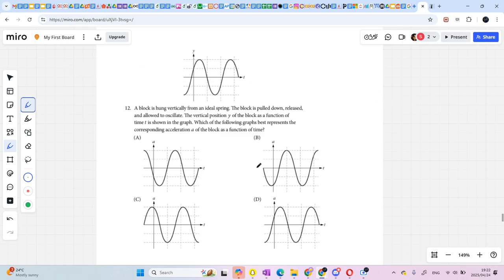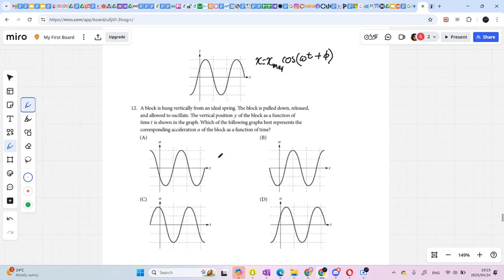So on the reference table, we have this equation of x equals x max cosine of omega t plus phi, where phi is like a horizontal offset on the graph basically, or some initial position of the object if you want to think about it physically.